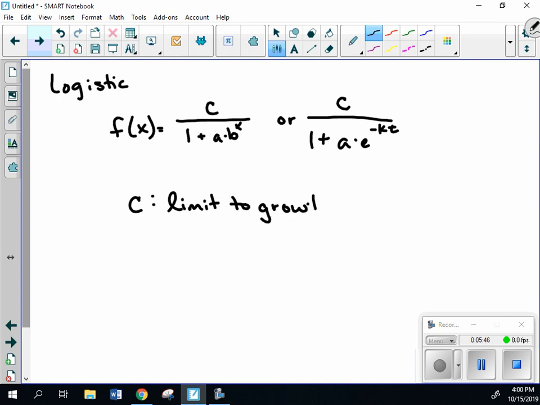So we use logistic equations when we're talking about having a cap or a maximum or a minimum on that growth or decay. For instance, if I'm looking at my classroom, I have a cap on the number of seats I have in my classroom. So that c value in my classroom right now would be 23.